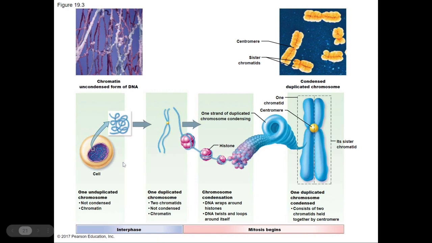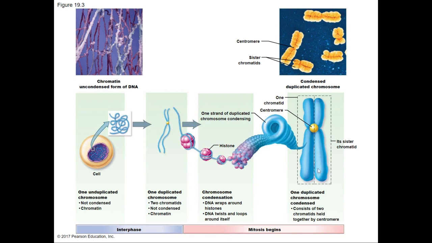So the first thing we need to do, notice here we have that classic X-shaped chromosome. That's because these two are identical copies held together in the center by a centromere. So we're going to wind all that up, package it around histones, wind it up again, and condense this chromosome into what you're probably used to looking at.